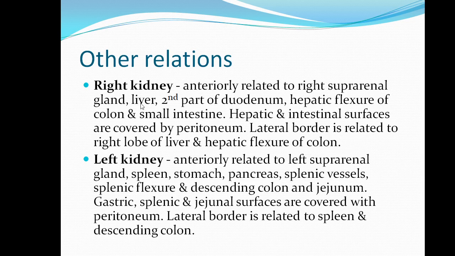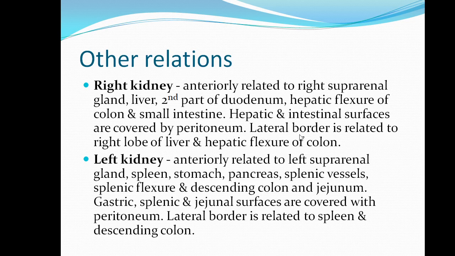The other relations of the kidney: the right kidney is anteriorly related to the right suprarenal gland, liver, second part of the duodenum, hepatic flexure of the colon, and small intestine. The hepatic and the intestinal surfaces are covered with the peritoneum.